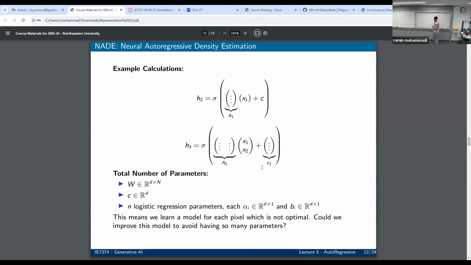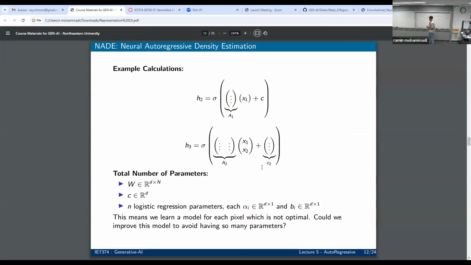Now, if you want to calculate H3, the idea here is that we need a bigger matrix A. So this matrix A, or A2 here, is going to have 2 values. So it's going to be D by 2. Why? Because you're multiplying it by x1 and x2, and this x1 and x2 is technically 2 by 1.